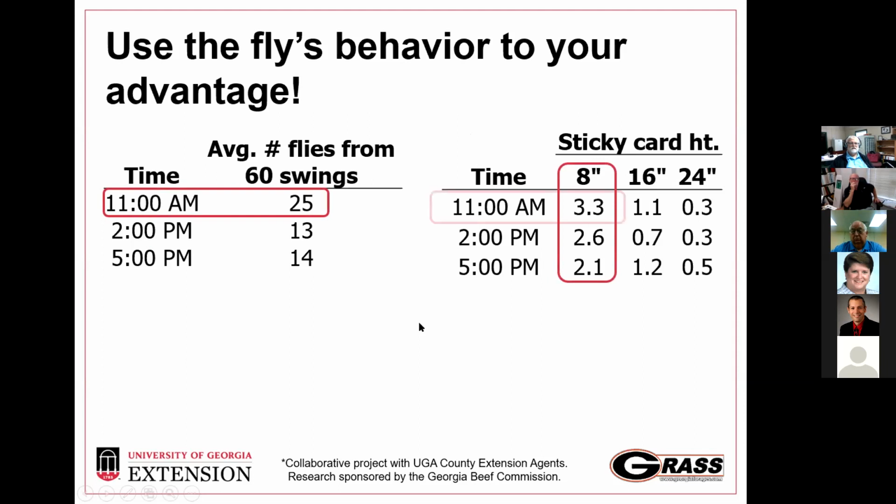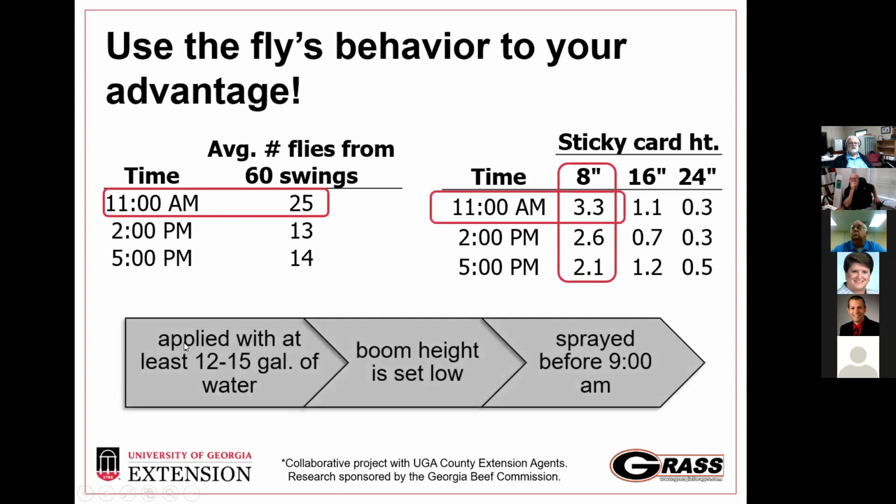Those characteristics suggest that pesticide should be applied with large volumes of water, that the boom should be set low to get low in the canopy, and sprayed early in the morning when the adult flies are most likely to be present.